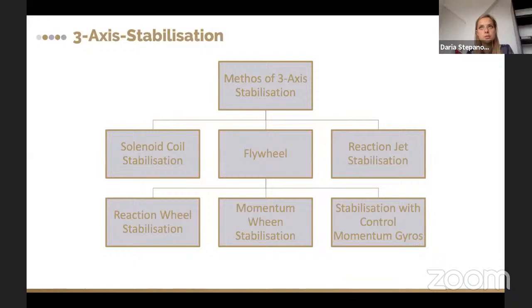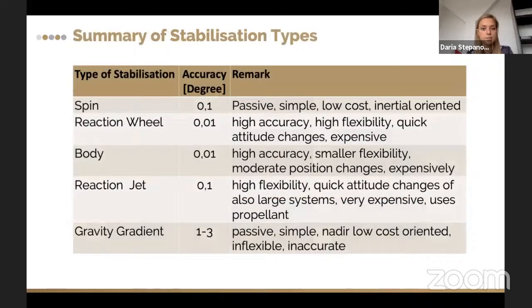The most used one is 3-axis, and this covers most of the applications. This can be done using flywheels, reaction jet stabilization, momentum wheels, reaction wheels, control moment gyros, or solenoid coils. And in this one, you can see the summary of the stabilization types, the accuracies, and some remarks.